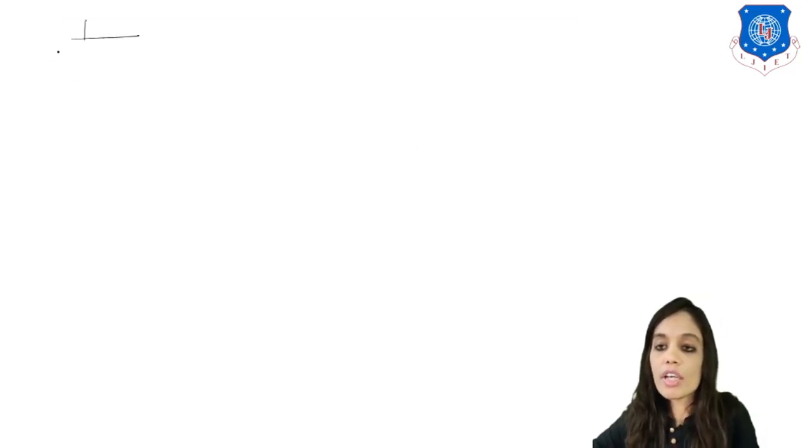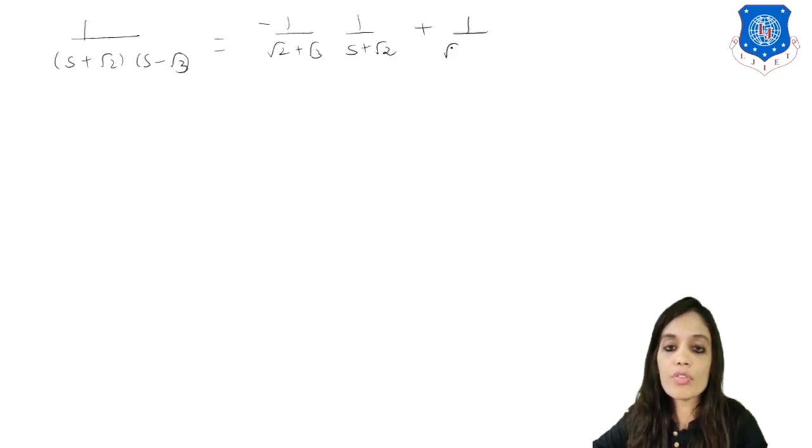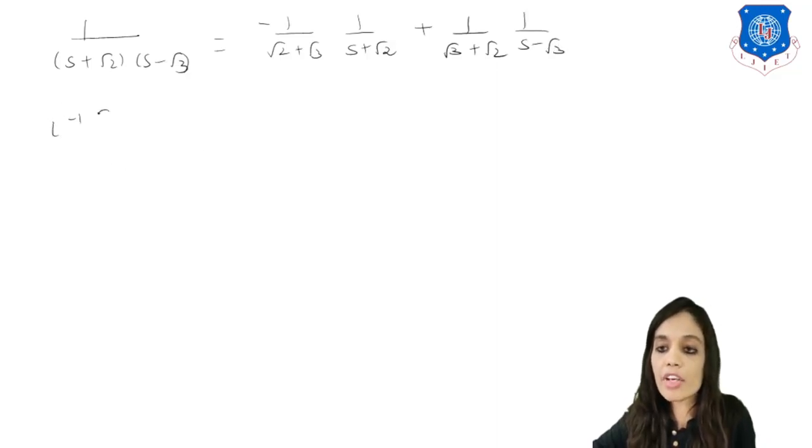So 1 upon s plus root 2 into s minus root 3 is equal to, our answer for A is minus 1 upon root 2 plus root 3, and this will remain as it is, that is 1 upon s plus root 2, plus 1 upon root 3 plus root 2 into 1 upon s minus root 3. Now let us apply our Laplace inverse.